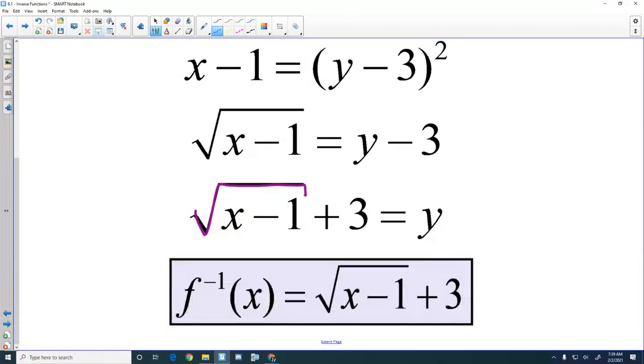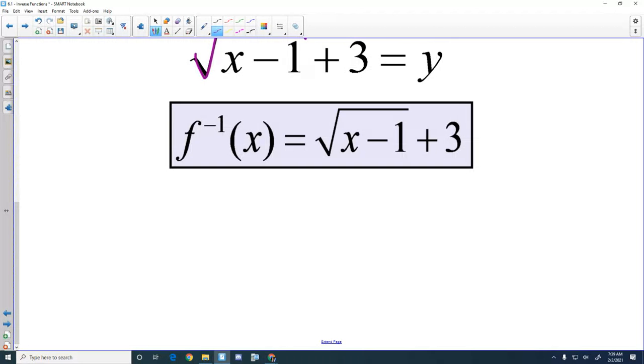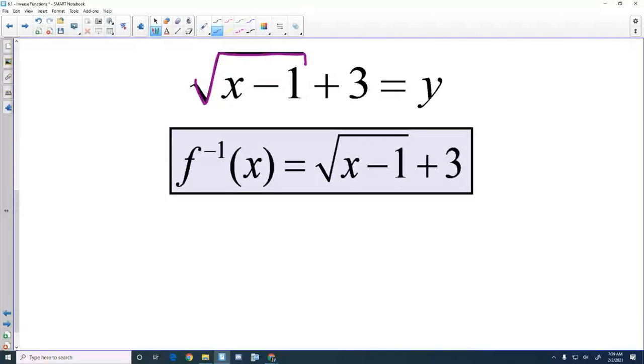So the last thing we would do is rewrite it as the official inverse function. I'm just basically replacing the y with this f inverse of x. All right, so f with that little -1, kind of like an exponent.